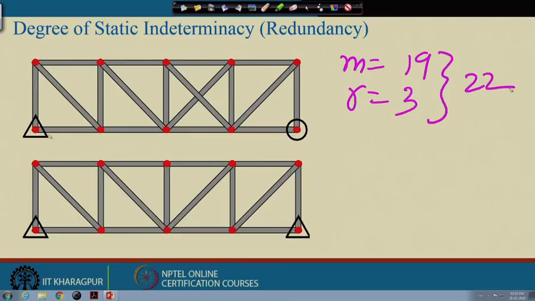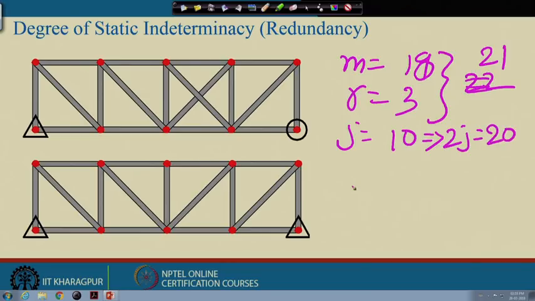The number of joints is 1, 2, 3, 4, 5, 6, 7, 8, 9, 10, so j is equal to 10. Counting the members again, 1 through 18, please correct it. This is 18, so this is 21, right. The number of equations available 2j is equal to 20.